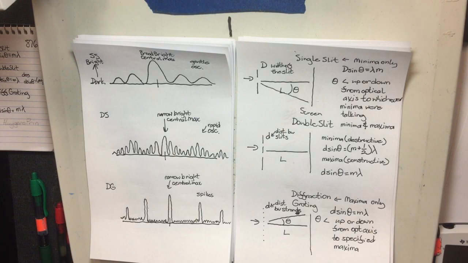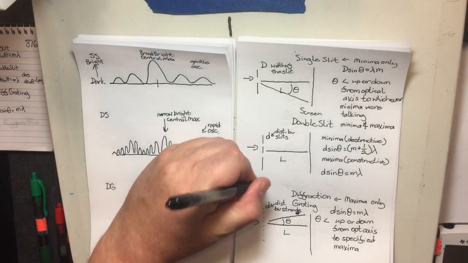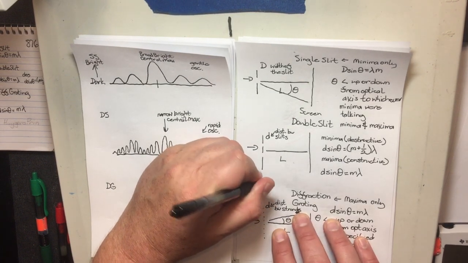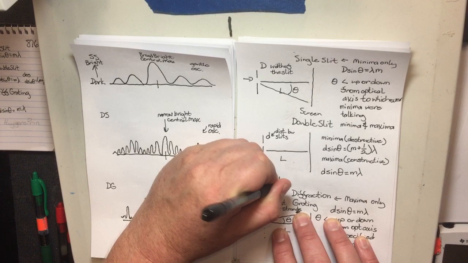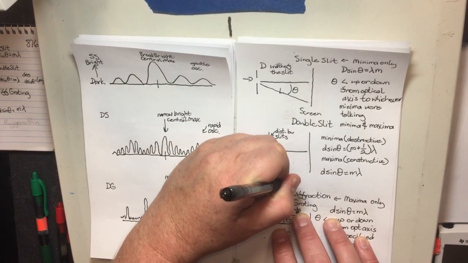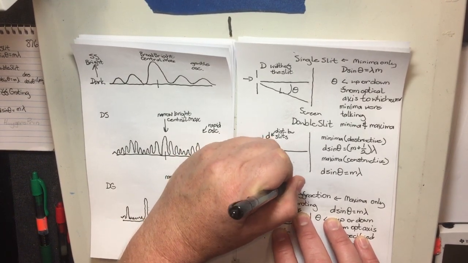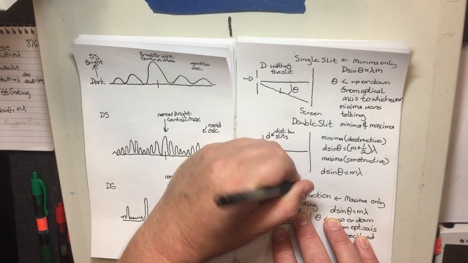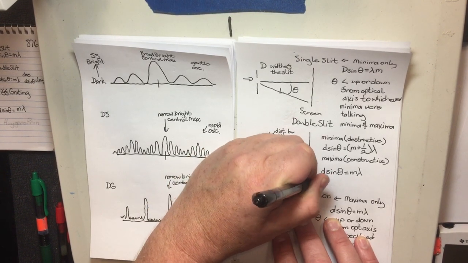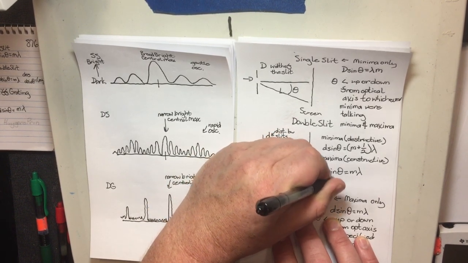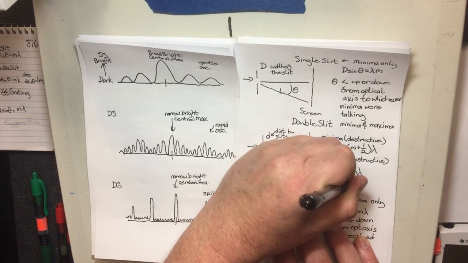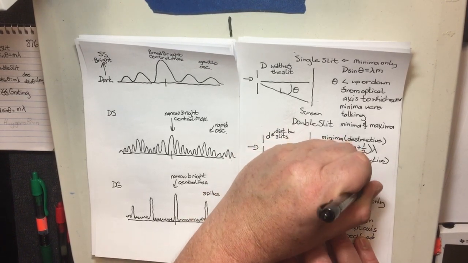Now, someone asked the question, what's M? M is, some call it the order. It's the label of the max and min.